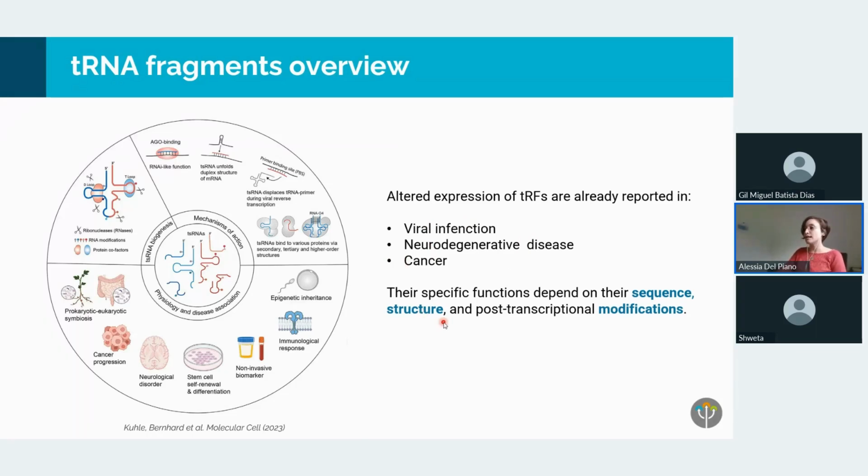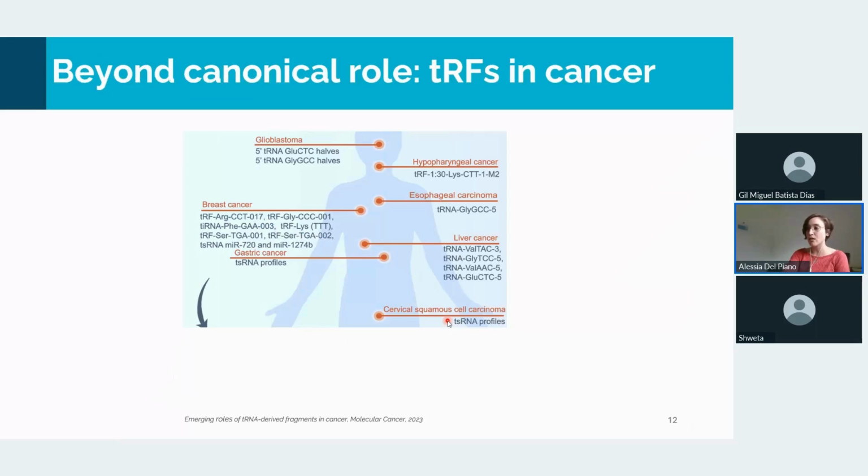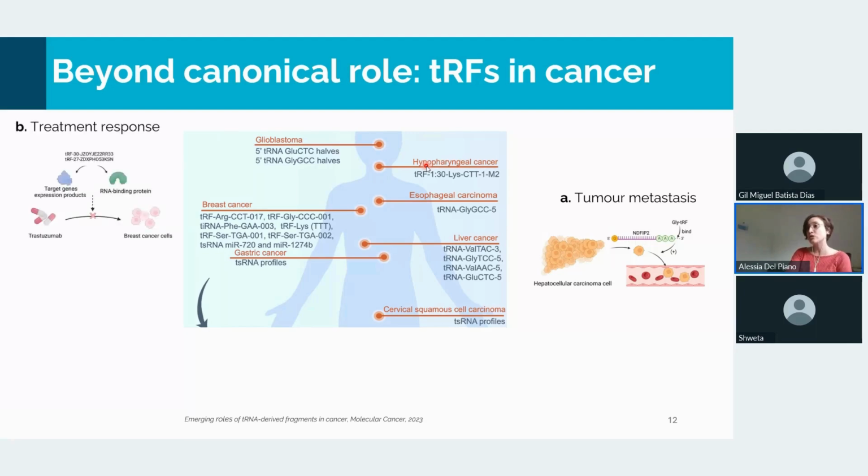We have to say that the function of these tRNA fragments in disease depends on their sequence, structure, and presence of post-transcriptional modification. Focusing on cancer, there are already several studies that report specific tRNA fragment alterations, and these alterations are linked to tumor metastases and invasion, to treatment response to therapy, and to tumor growth and proliferation.